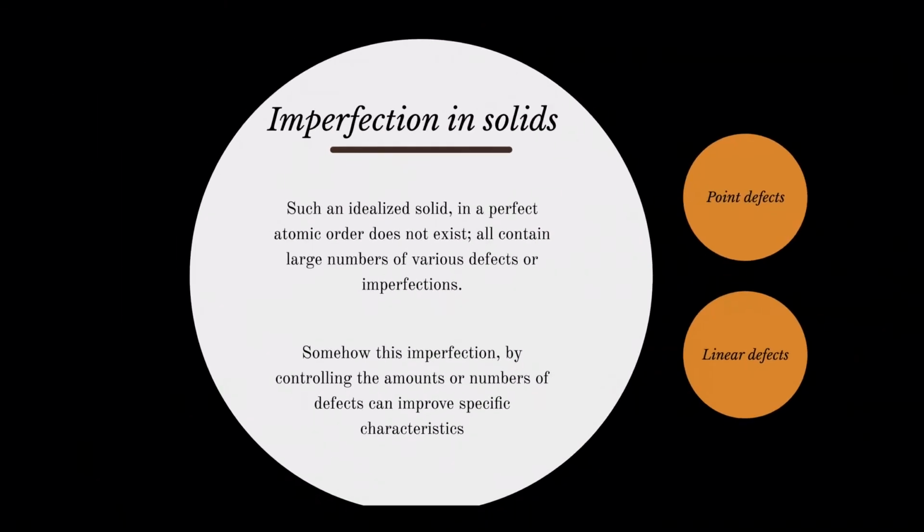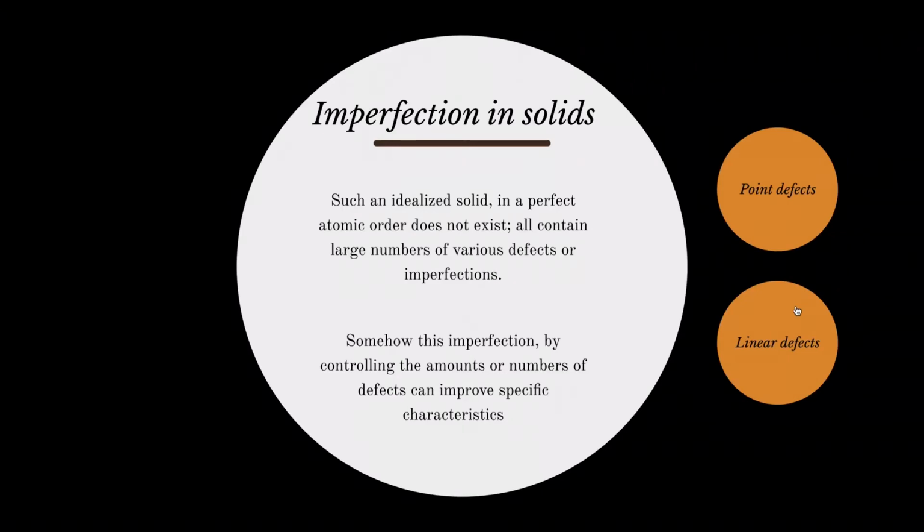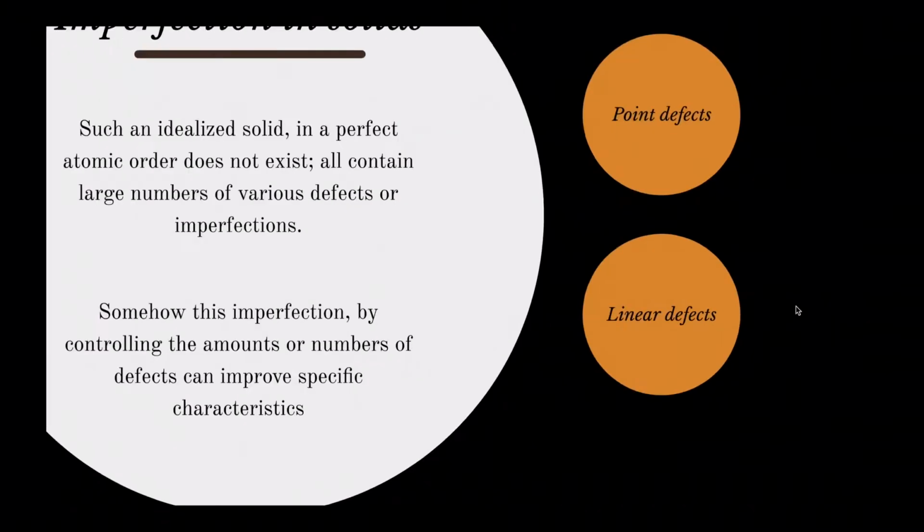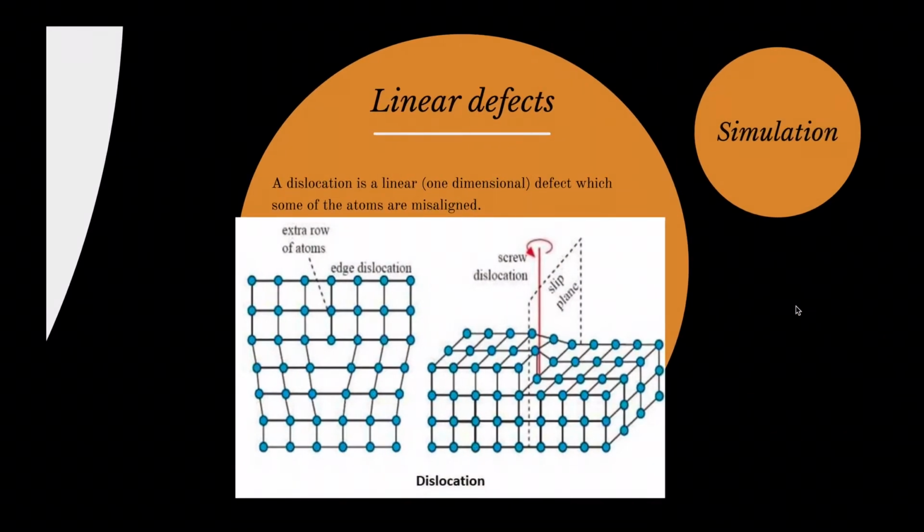So we go back to this slide. Now we go for linear defects. Before it was the point, and now it's linear, meaning if we see this arrangement in a two-dimensional design, there is a missing line here, missing some atoms here.